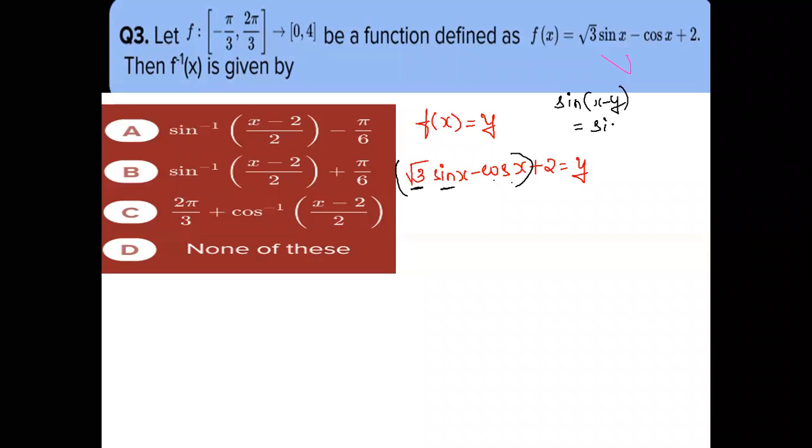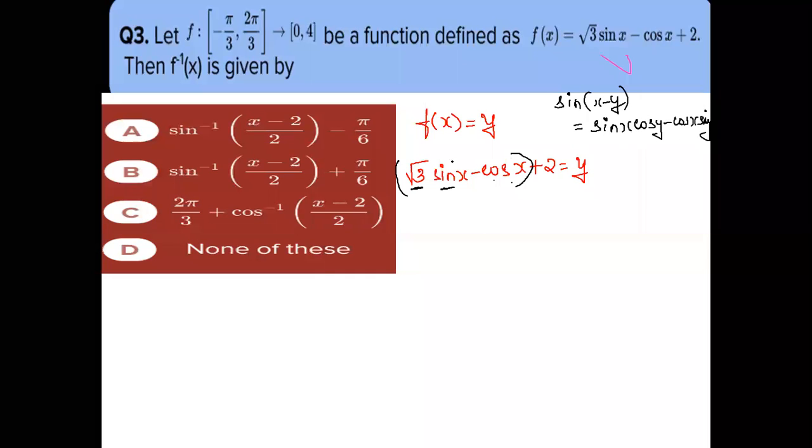It is sin x cos y minus cos x sin y. Okay, the sin x minus y formula is sin x cos y minus cos x sin y.